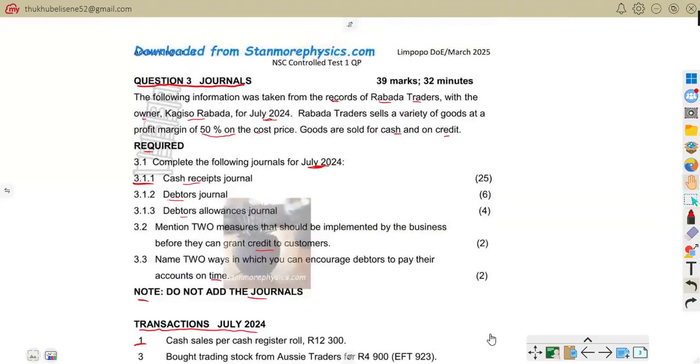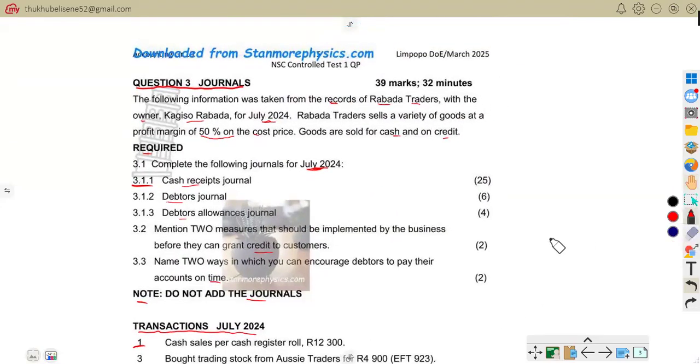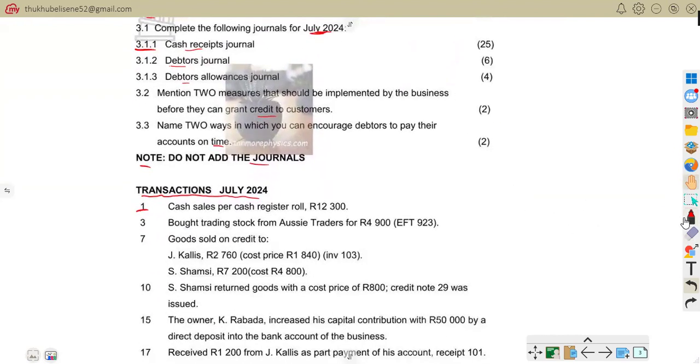The first transaction that you have here says cash sales per cash register roll. We can see this does affect our cash receipt journal. This is our CRJ because we are going to receive this amount.